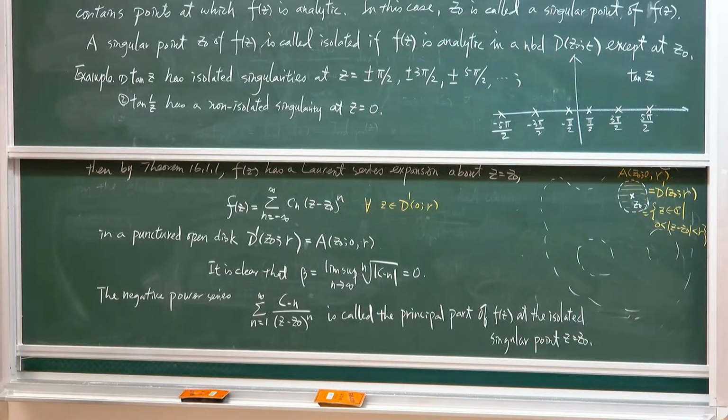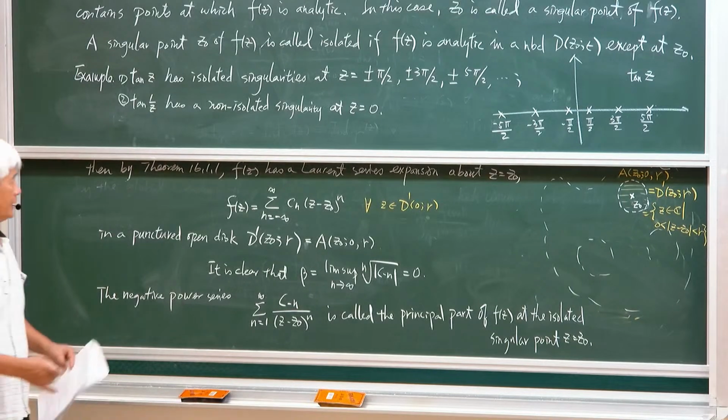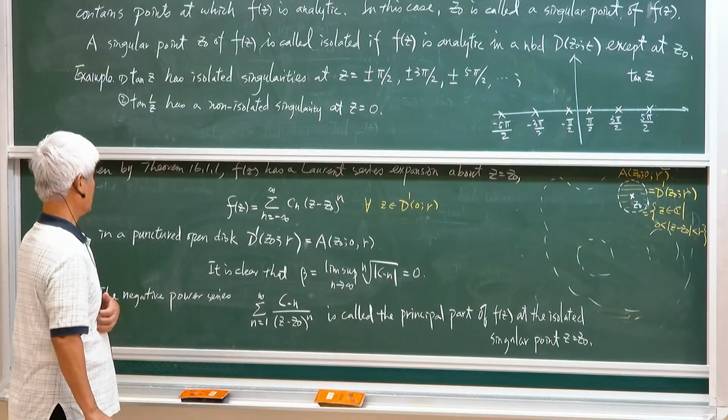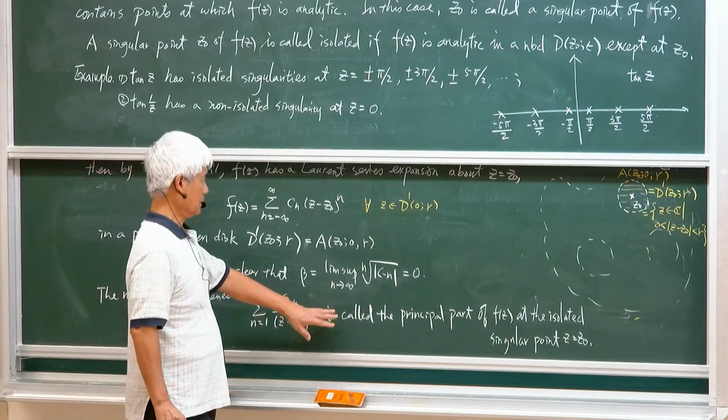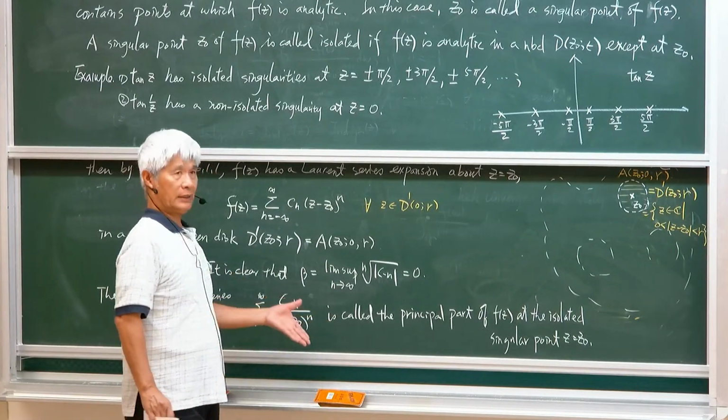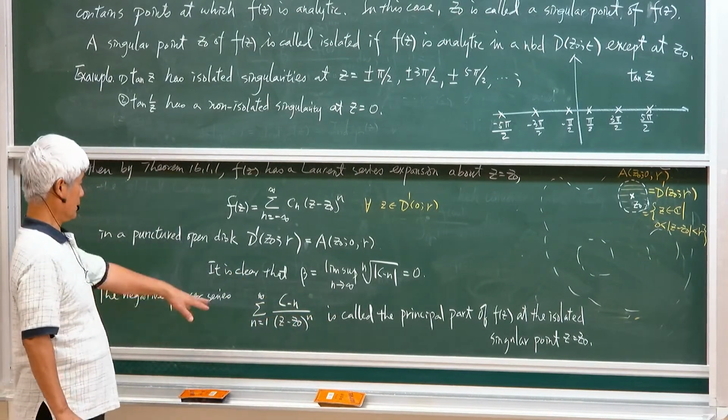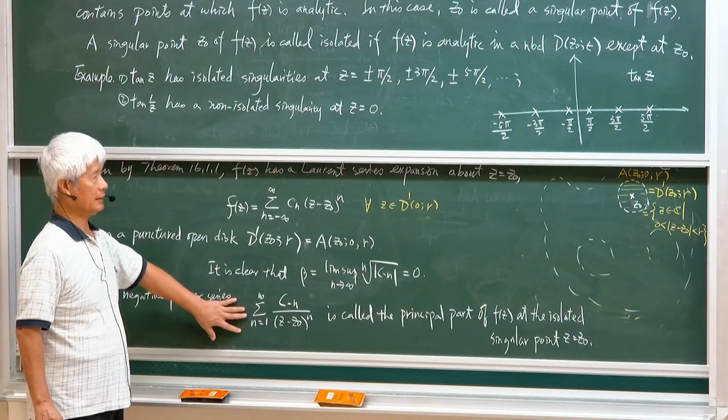So for one isolated point, there is an associated negative power series.